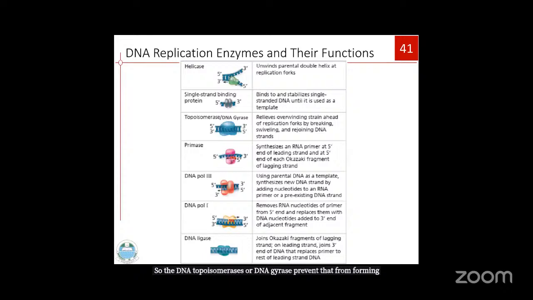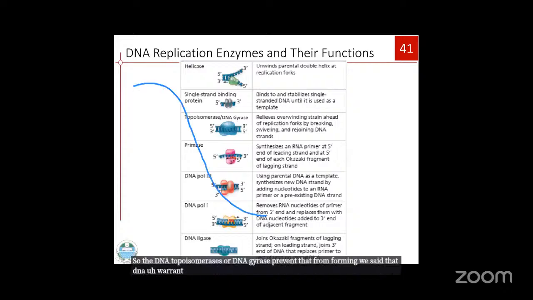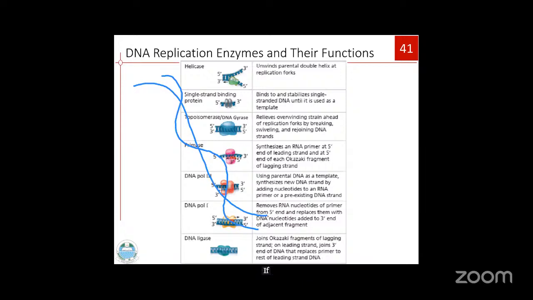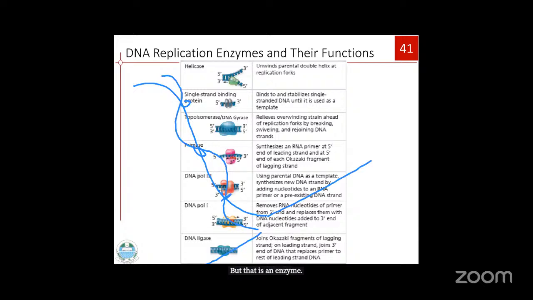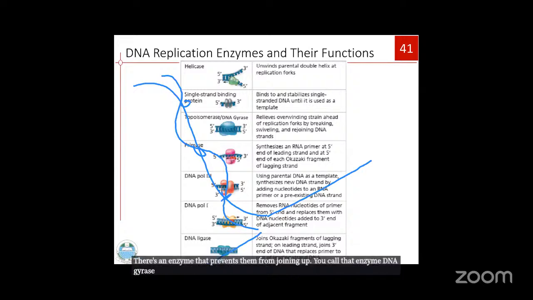We said the two strands are wound around each other. So if you are opening them up, this one going this way, this one going this way, it is possible that they form knots that prevent them from opening further. But there is an enzyme that prevents that torsion. You call that enzyme DNA gyrase or topoisomerase.